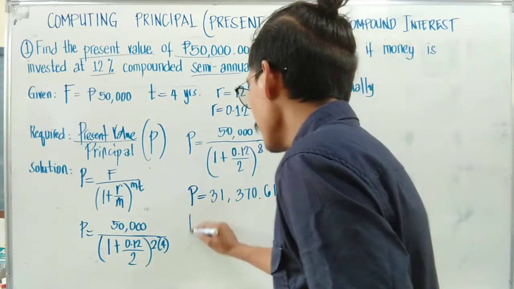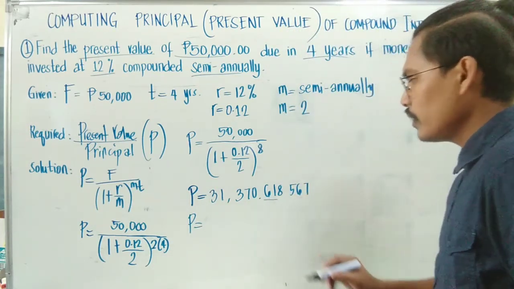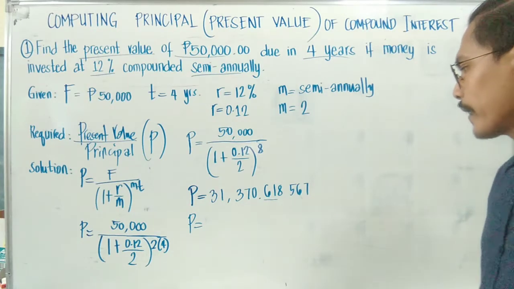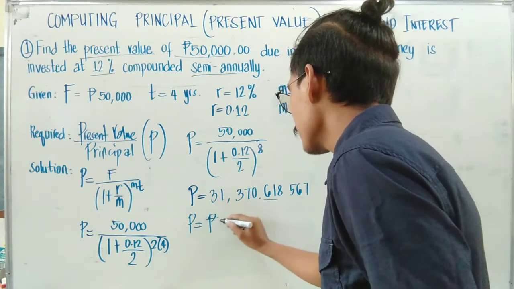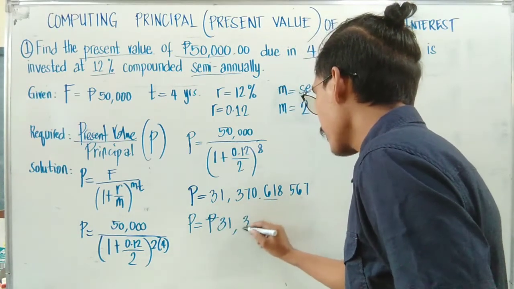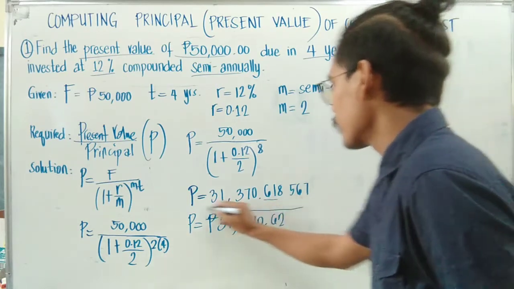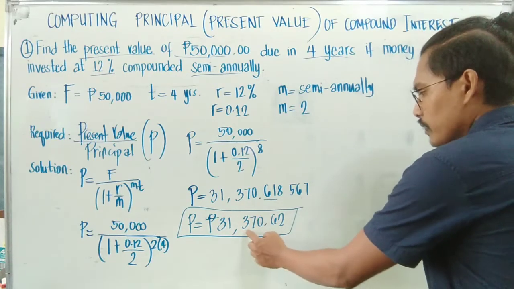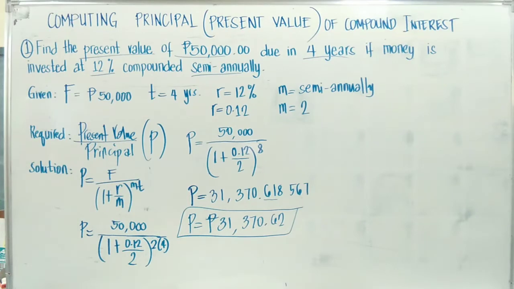Again, we are speaking about money, so we will be rounding off your decimals to the nearest hundredths, or two decimal places. So we have 31,370.62. Speaking about money, we have 31,370 pesos and 62 cents.